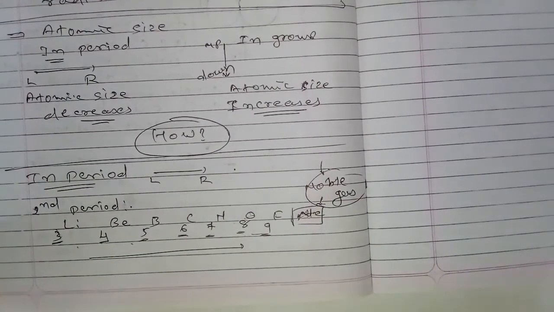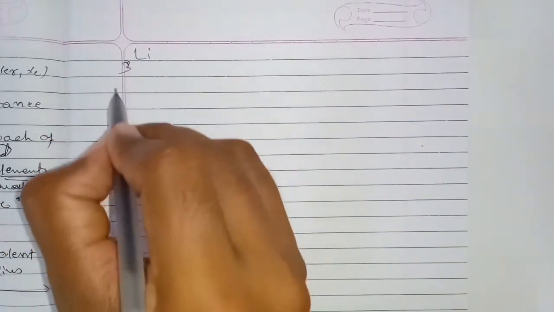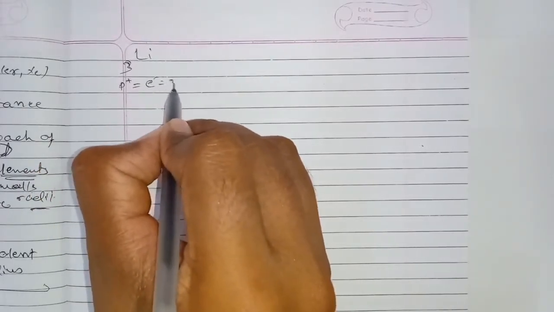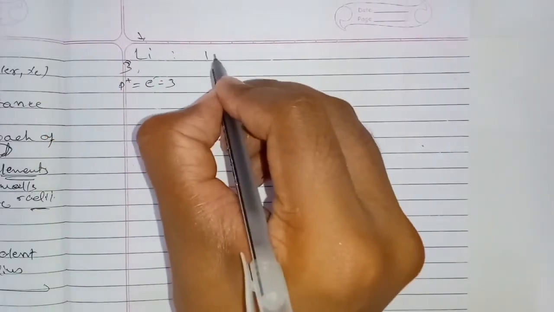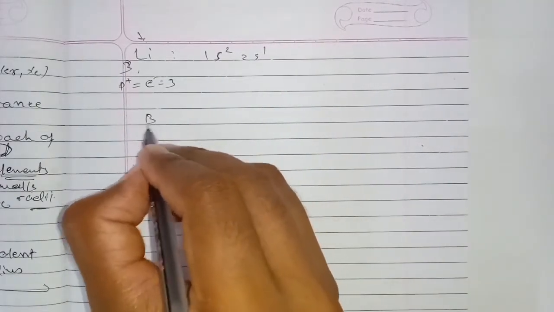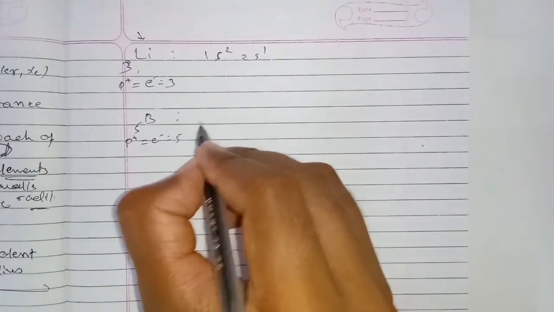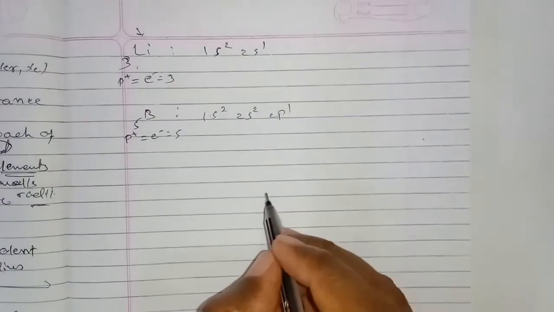Now let's see their electronic configuration. For example, lithium has atomic number 3, so 3 protons and also 3 electrons because it is a neutral atom. Its electronic configuration is 1s2, 2s1. For boron, 5 protons and 5 electrons: 1s2, 2s2, 2p1.